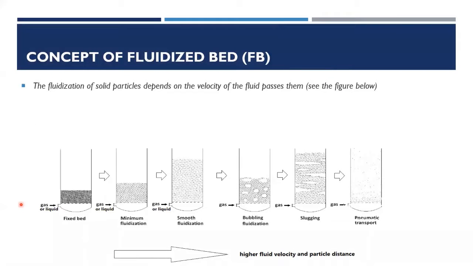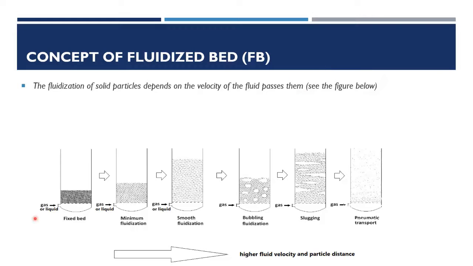So the fluidized bed happens when the packing materials start to fluidize, or start to have a behavior like a fluid. Usually the fluidization of the solid particles depends on the velocity of the fluid passing them.